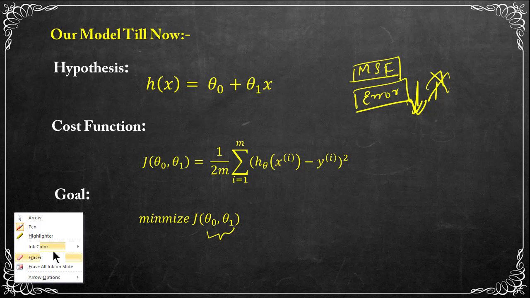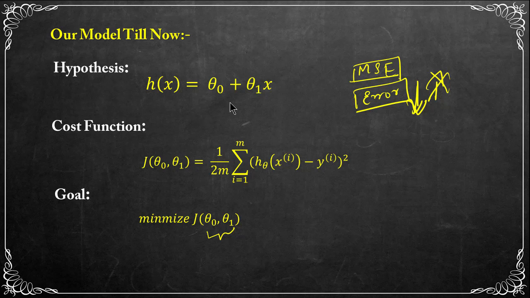Also, instead of writing theta 0 and theta 1 times x, you can simply write theta 1 times x, and you can do whatever you want here.